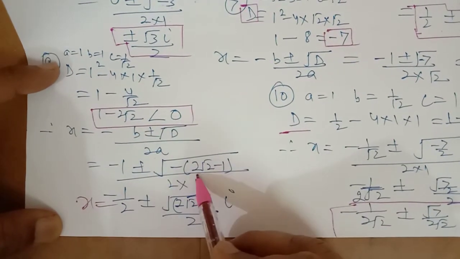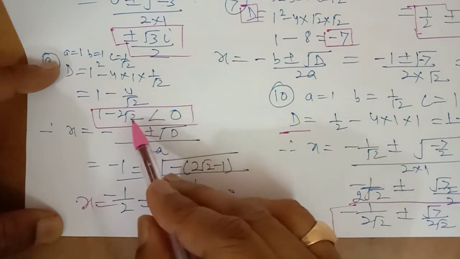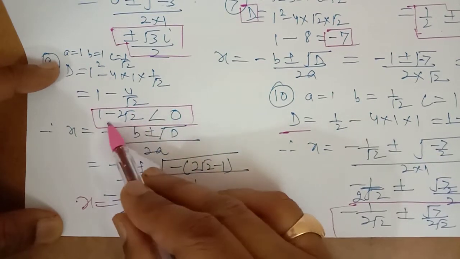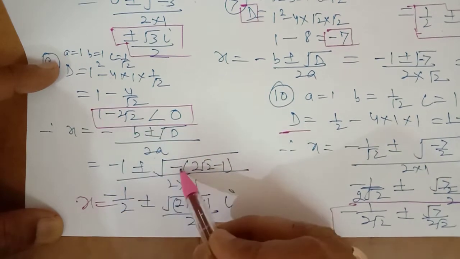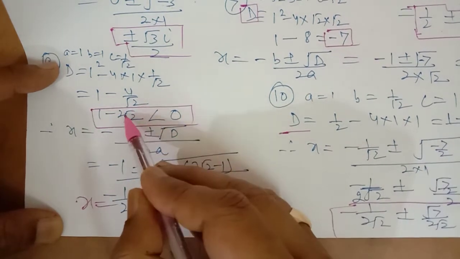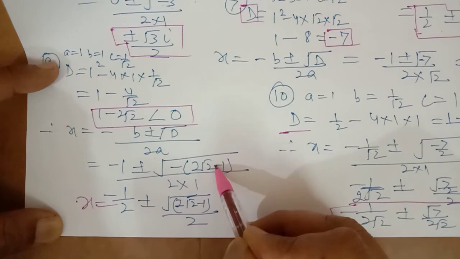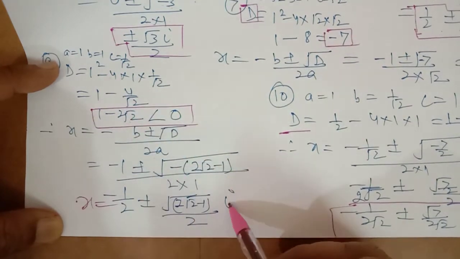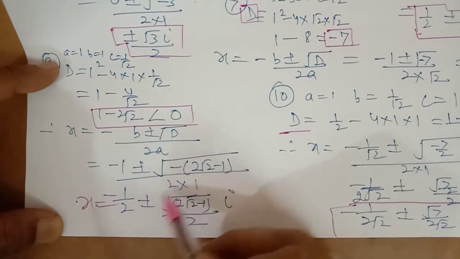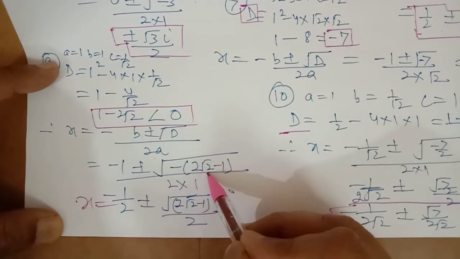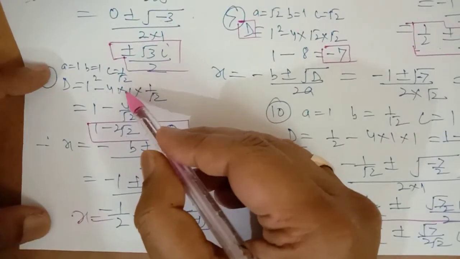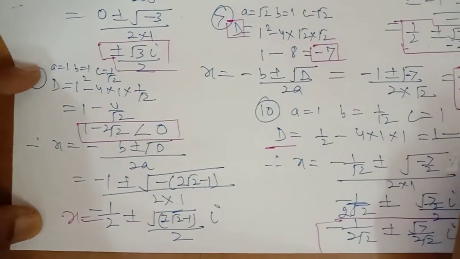Now you take minus common in this, it will be minus (2√2 minus 1). It clearly shows that D is negative. To remove this minus, you will get i. So minus 1 upon 2 will be the real part, and (√2 minus 1) i upon 2 will be the imaginary part of the roots of this quadratic equation.